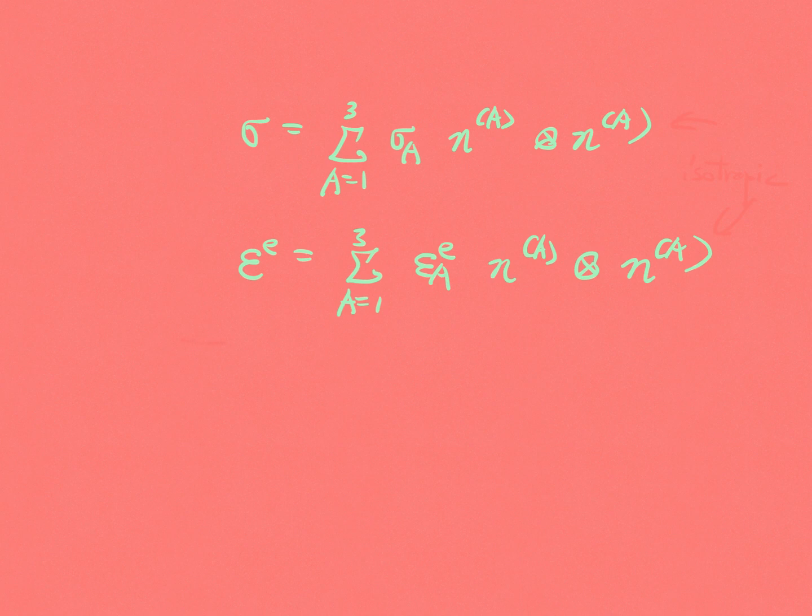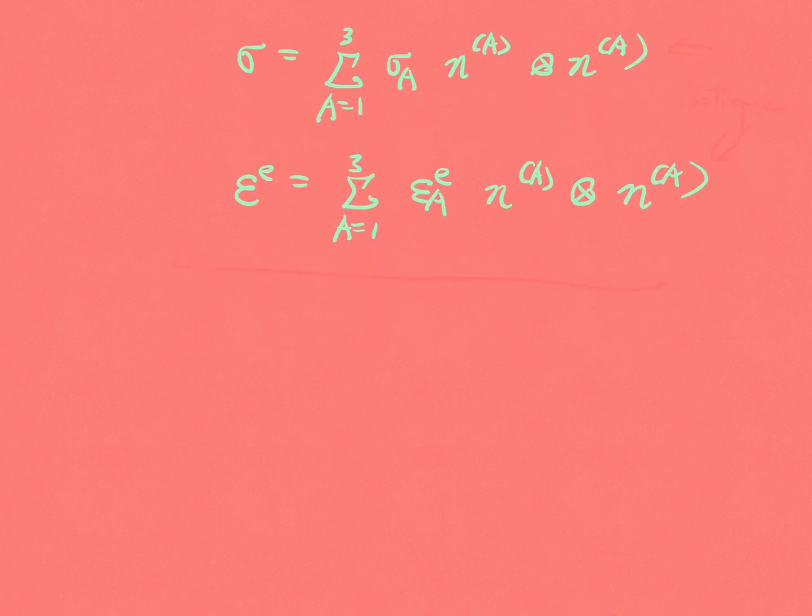Why do I say that? Because if I actually write it like this, then the eigenvalue and the eigenvector, they are directly related. In the case of linear elasticity, we can write a linear mapping. In particular, sigma A is just the summation of a_AB times epsilon B. Okay, what is this?